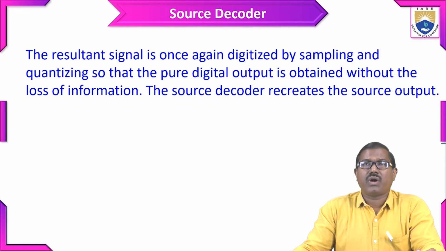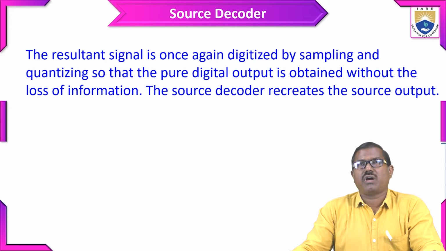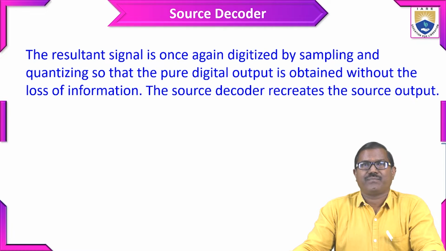And the last one is the source decoder. This is the last block of the receiver. Here the resultant signal is once again digitized by sampling and quantizing so that the pure digital output is obtained without loss of information.